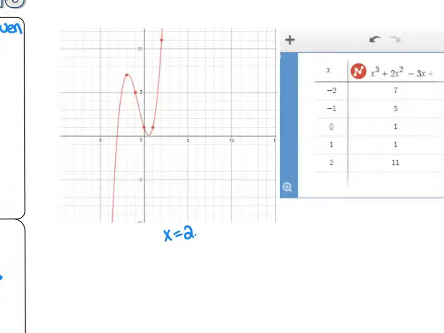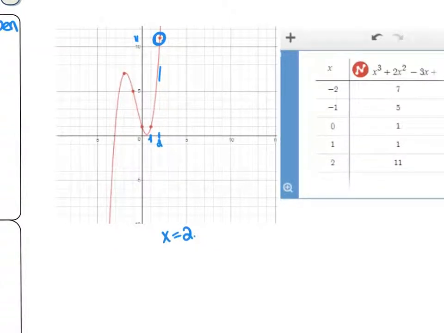So graphically, you would go to your graph and find 2, and then follow it up to see where it hits right there, and that is 11. So you would say y equals 11. Super easy to do on a graph.